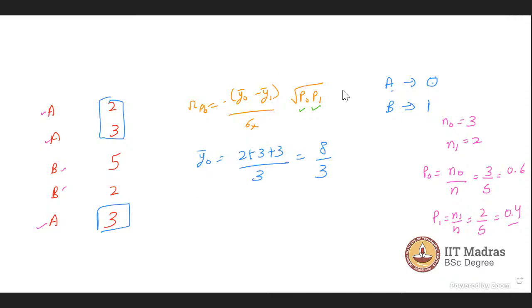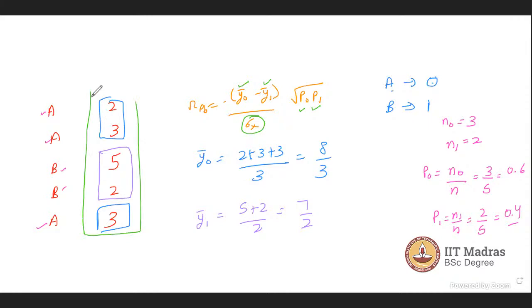Next, y1 bar is the mean of observations which belong to category 1, category B, which is 7 by 2. The only thing we need to find is sigma x, which is the population standard deviation of all these values.